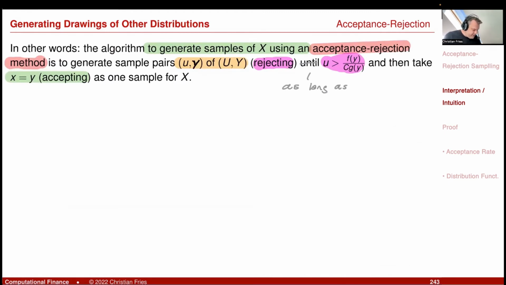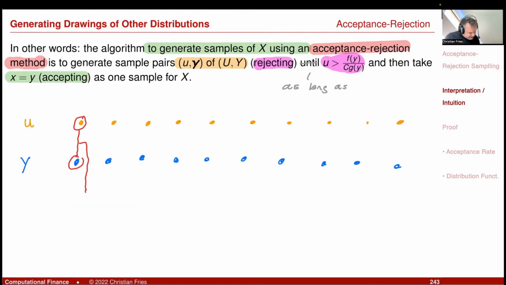If you would like to have a small picture, it looks like that. You have your sequence of u's, so you generate u1, u2, and so on. You have your sequence of y's, so we generate a vector, this here is the y1, y2, and so on. And then you just check the condition on these guys.